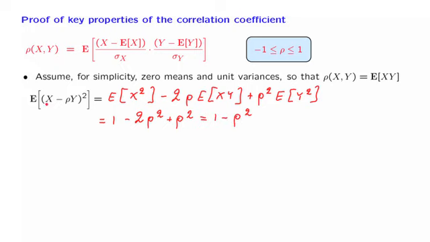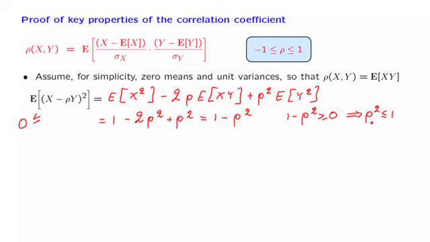Now notice that this is the expectation of a non-negative random variable, so this quantity here must be non-negative. Therefore, 1 minus rho squared is non-negative, which means that rho squared is less than or equal to 1, and that's the same as requiring that rho lie between -1 and +1.